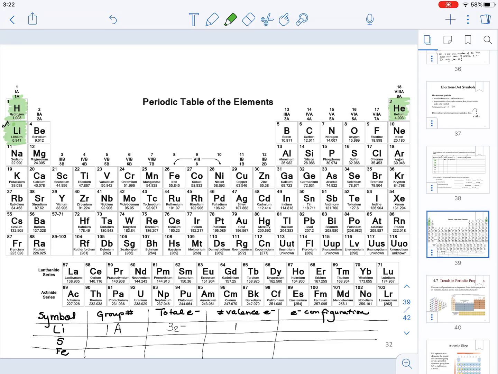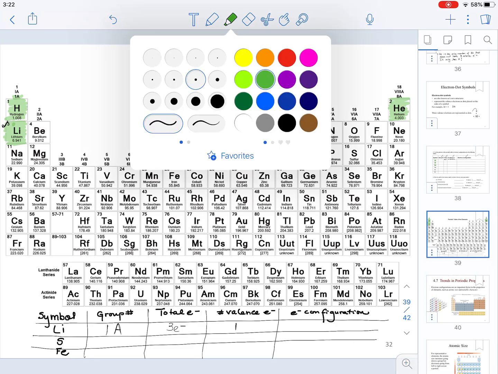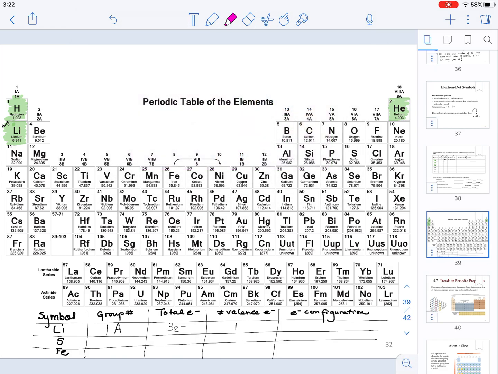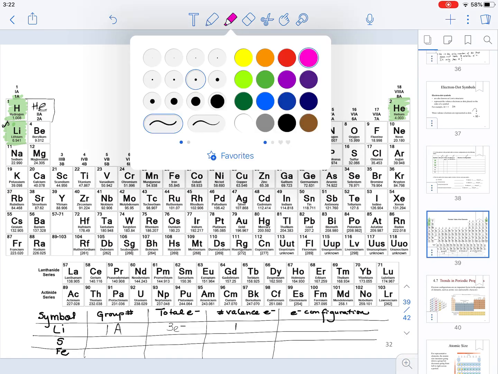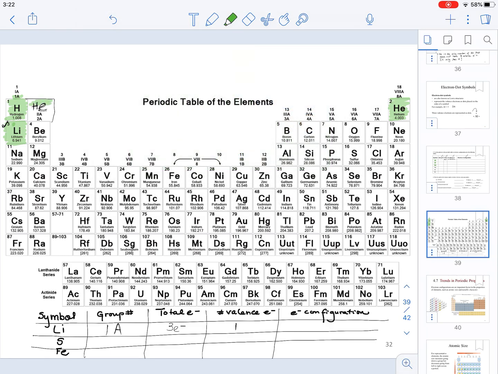Remember, when it comes to electron configurations, the periodic table is going to be divided into blocks, okay? And I'm just going to utilize other highlight colors to represent the different blocks. So I'm just going to draw here my helium to make it more obvious. Let me just block it out.